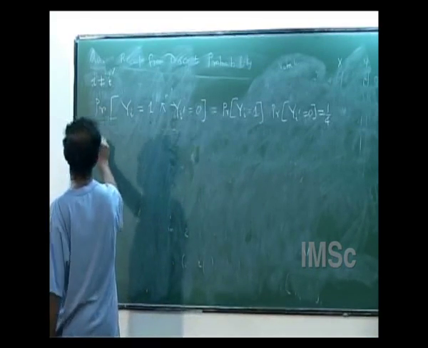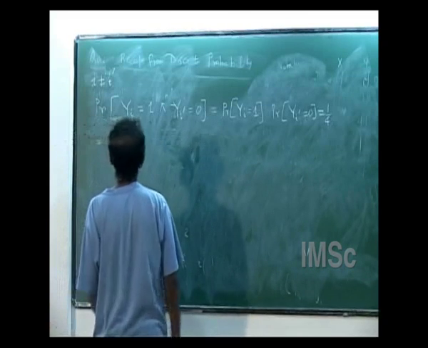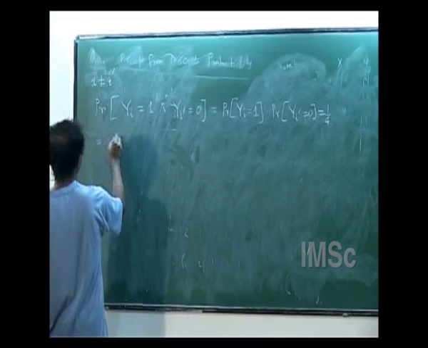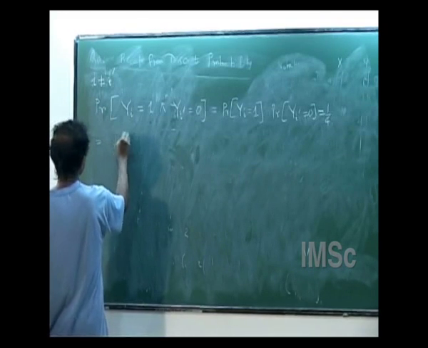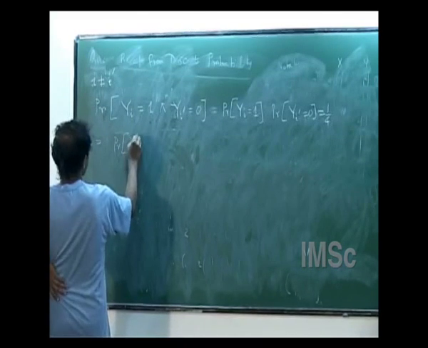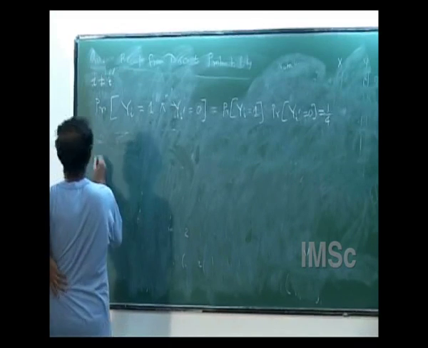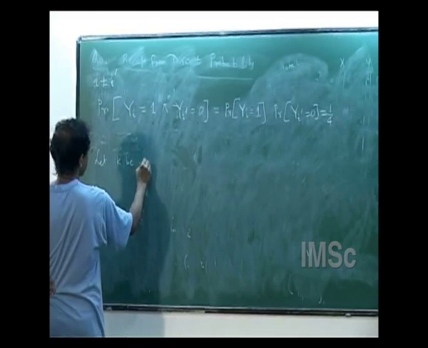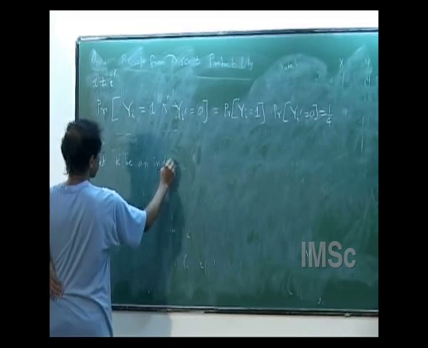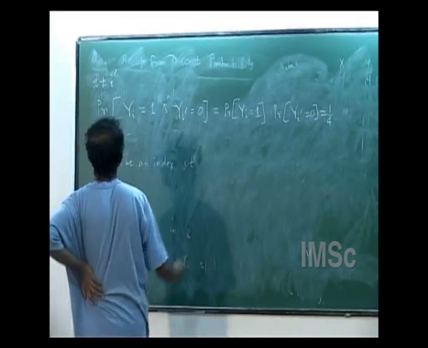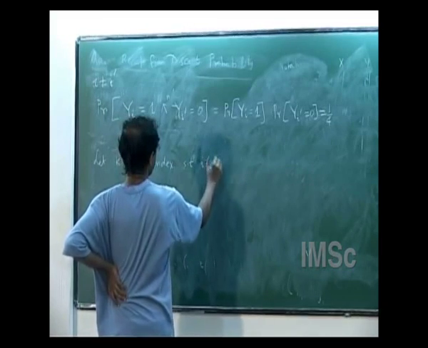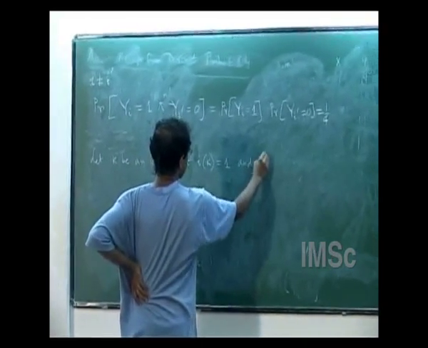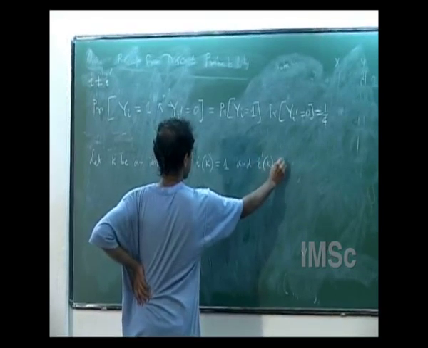So how shall I write it? Let k be an index such that ik equals 1 and i prime k equals 0.